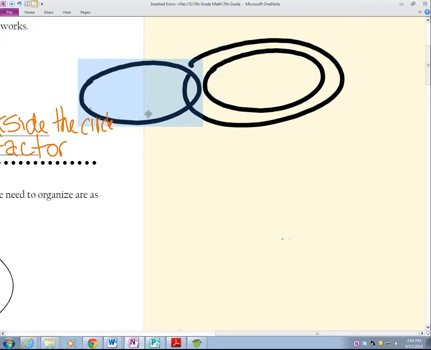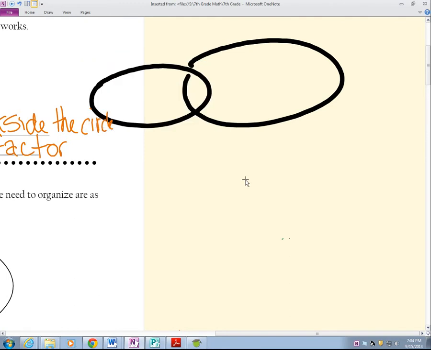Now, this is kind of a weird shaped Venn diagram. One is a little bit bigger than the other. Do you agree? Now, look at the diagram that's below the Venn diagram that you're used to. Those are not the rings of Saturn.